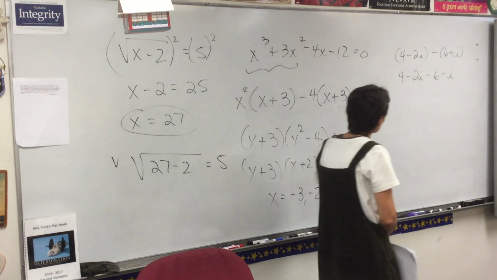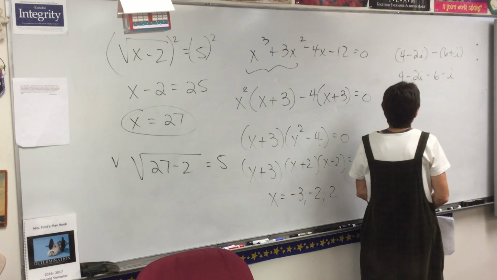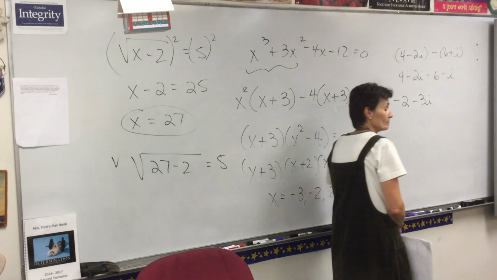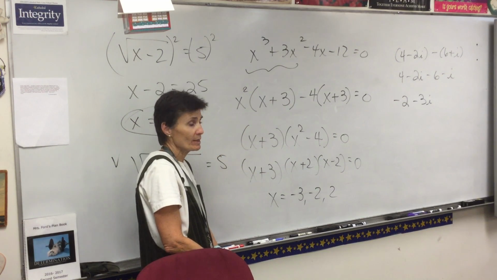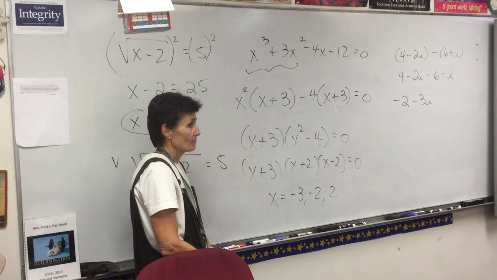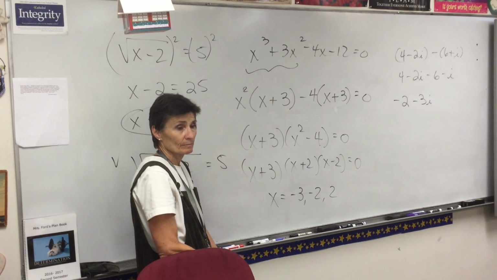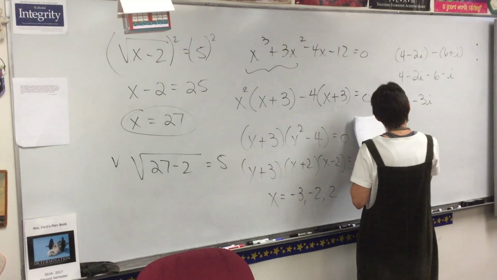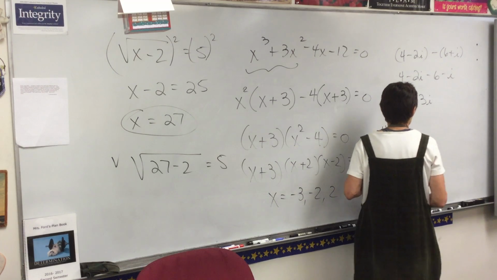So 4 minus 6 and -2 minus 1. Done. Done, done, done. Don't do anything else. That's it. Easy. This is not quite as easy. This one's going to take a little more effort.